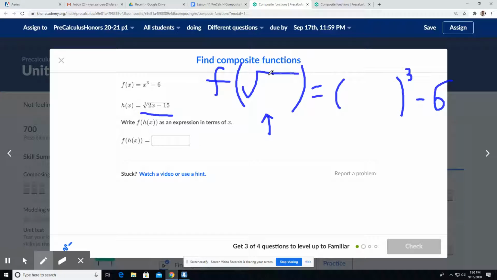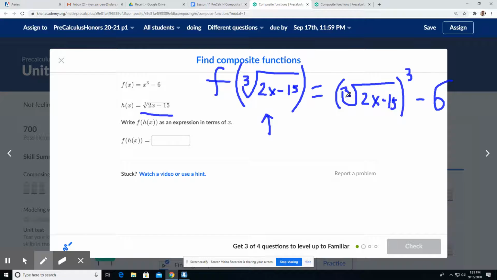So we're going to be plugging in the cube root of 2x minus 15. Wherever I see a parenthesis, that's what I plug in. So in here, we're plugging in the cube root of 2x minus 15. Now these undo themselves.